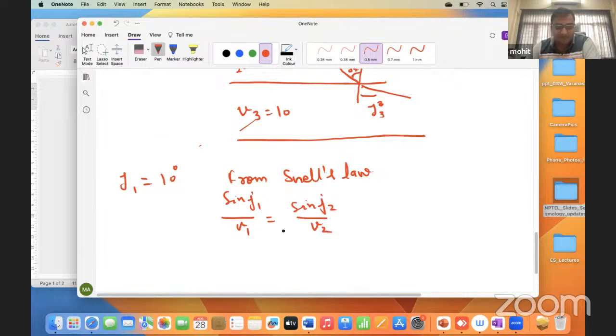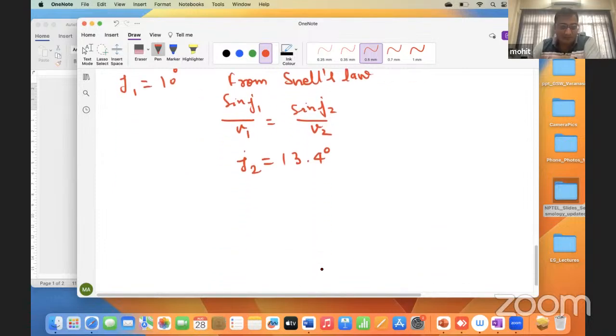So when we put the velocities v1 and v2, and we know j1 is 10 degrees, you can easily find j2. So j2, as I calculated, was 13.4 degrees. So for total internal reflection, j3 is going to be 90 degrees.